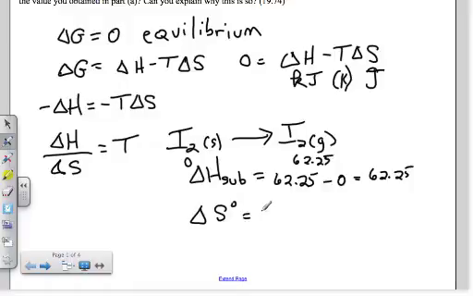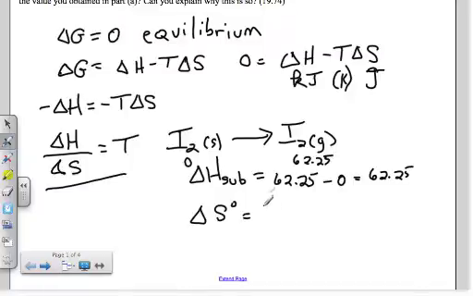Well, we are calculating delta H and delta S under standard conditions. And as we'll see in B, we're going to get a temperature, and it's not going to be at standard conditions once we solve for this equation. So that is one of our assumptions: we're solving for delta H and delta S at standard conditions, 25 degrees Celsius, 1 atmosphere, but when we calculate the temperature for the sublimation, it is not going to be. Anyway, continuing on.